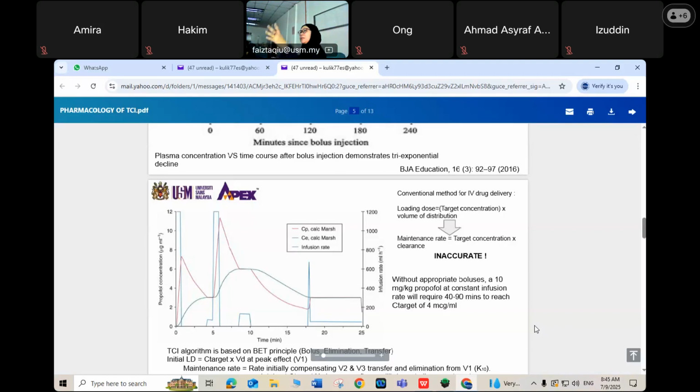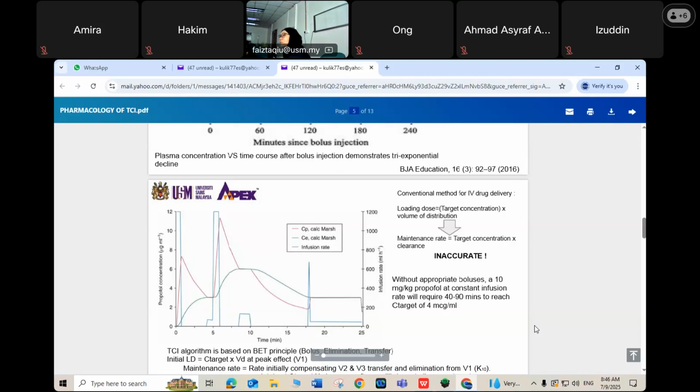That's why with this machine, the bolus does look big. If you look at the volume, my god, it looks like a lot. But the machine calculates it by itself, and it looks big there, but it's actually not that big because the machine already calculates how much it needs. So it's very difficult for us if we use a manual rate. That's why manual rate is not preferred, because we tend to be either under or over.